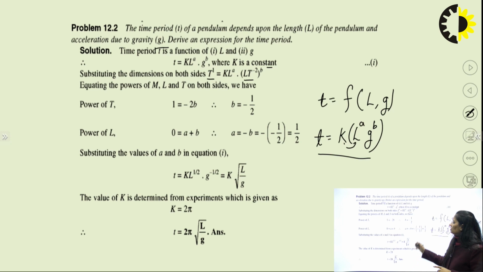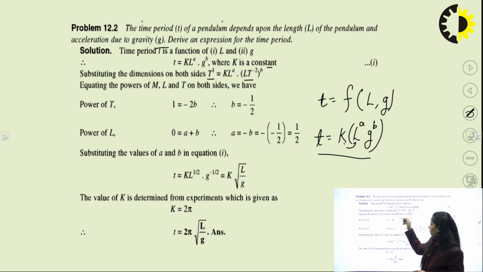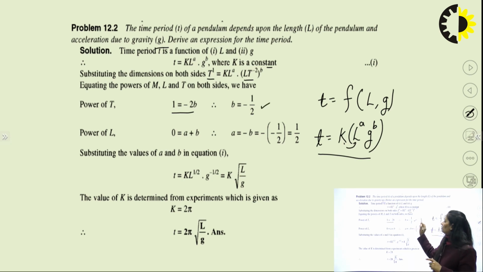So you need to equate the powers of the fundamental quantities. Equating the powers of time, you get 1 equal to minus 2b, so b equals minus half. Simple. Now equate the powers of L: 0 equals a plus b, so a will be minus b, and b is minus half, so a will be equal to half.